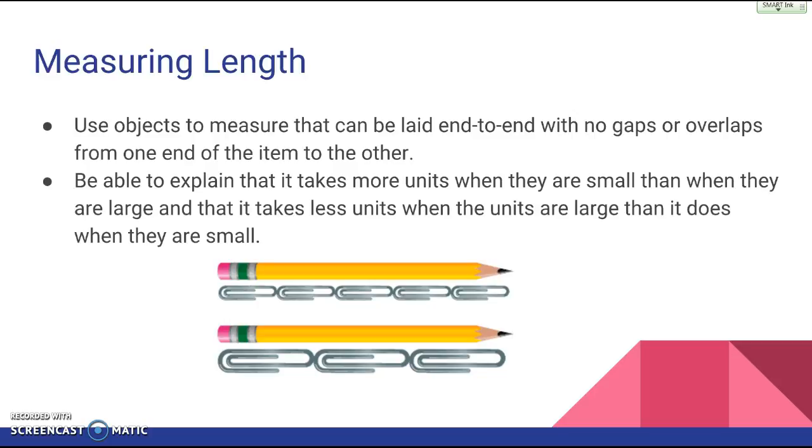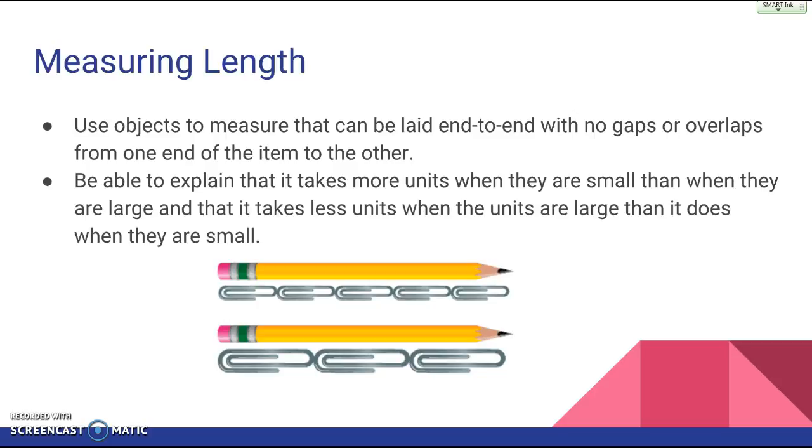For instance, you could have them measure their shoe, and you could give them Legos. Now again, if they're going to measure with Legos, it all has to be the same type of Lego, the same size Lego. And they can lay those next to the shoe with no gaps and no overlaps, starting at one end and going all the way to the other end of the shoe.